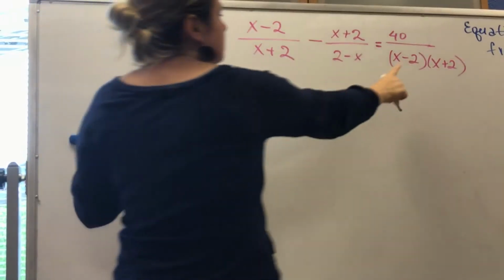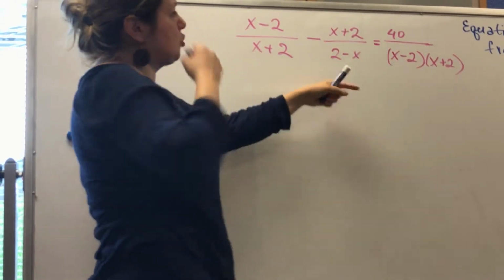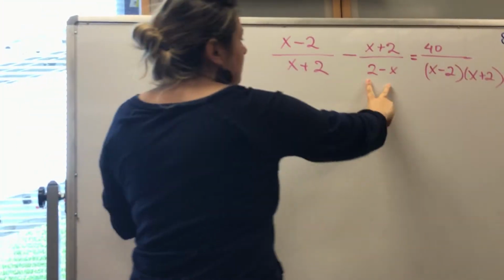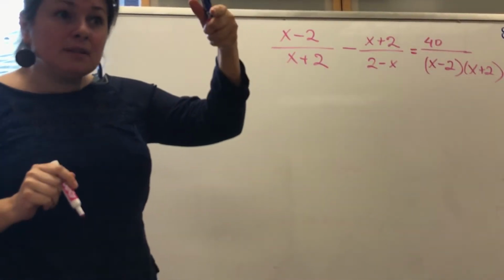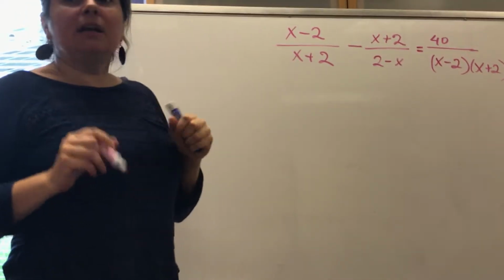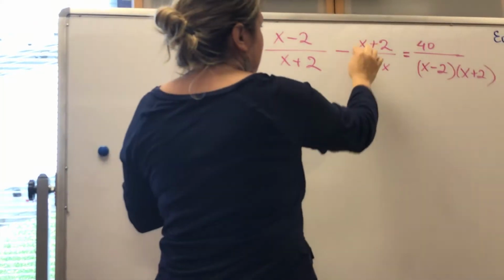So I like this, I like this, I don't like this guy because it's 2 minus x and I need x minus 2. Can I flip it around like this? Yes, if I move the negative sign somewhere, I have to add it either here, here, or here.